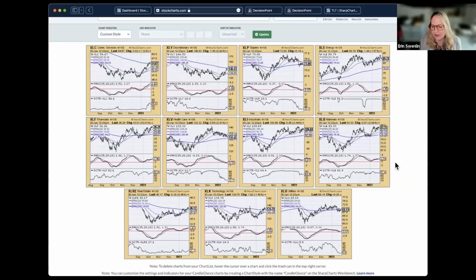Materials, which are led a lot of times by gold and silver, you can see that materials are starting to turn over just a bit here on the rising momentum. So that's not a good sign, and it tells me that gold might be having a little bit of a problem moving forward. And healthcare, I said already, we are losing momentum there. What didn't I cover?